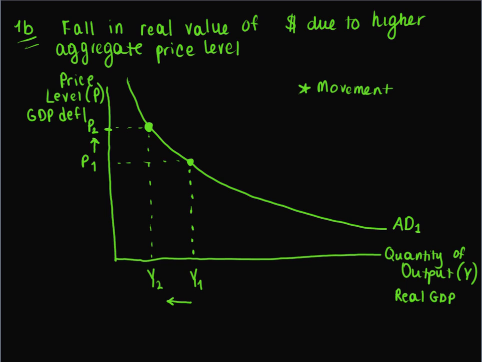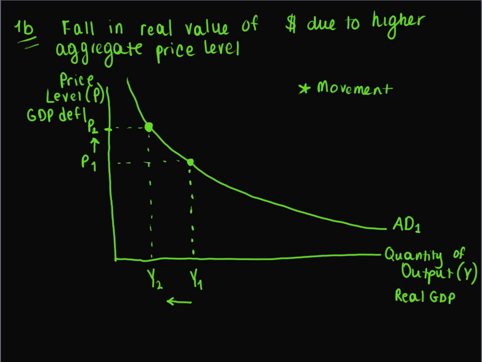So that's what it means for our quantity of output to decrease as a result of an increase in the price level. The value of our dollar has decreased. We can buy less with our dollar, meaning we're more likely to hold on to it and not spend it.